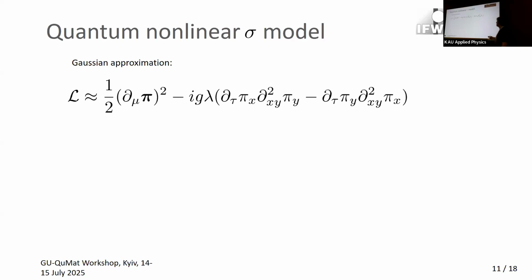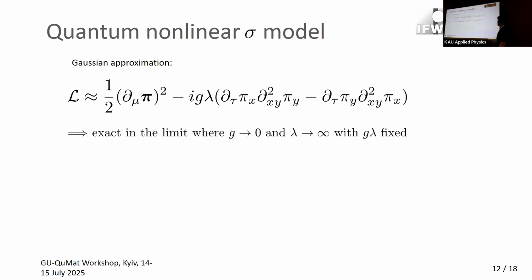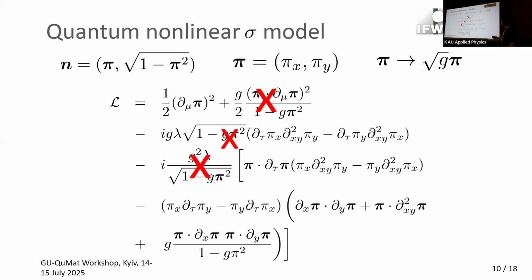So this is your result. That's the Gaussian approximation, and it's very simple to diagonalize. And this is exactly the limit, a kind of thermodynamic limit, where this is exact: when g goes to zero and lambda goes to infinity. You can see this because, as I mentioned before, every lambda multiplies a g. This is a g squared times lambda, so this is very small, and g times lambda is kept fixed.